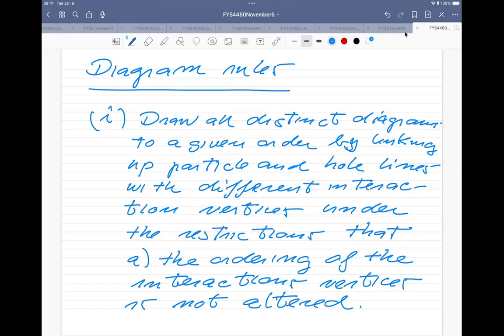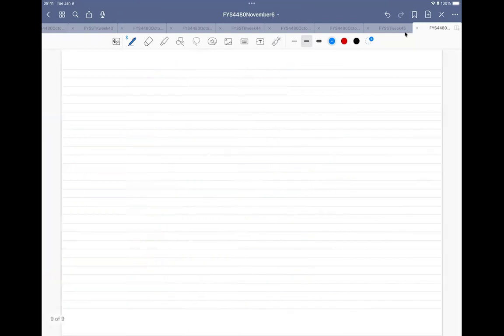Then the next one is that particle states remain particle states and hole states remain hole states. So that's the next stage. So we cannot change a particle state between the two interactions into a hole state.